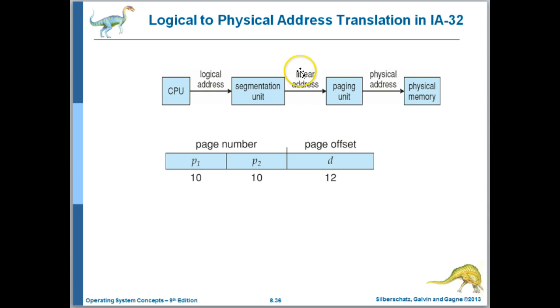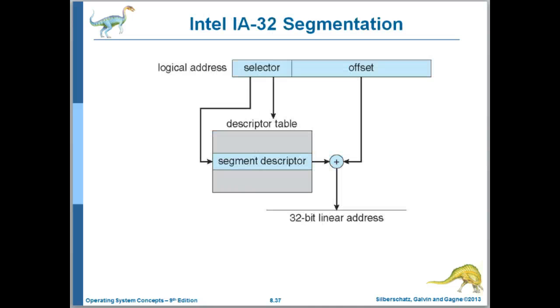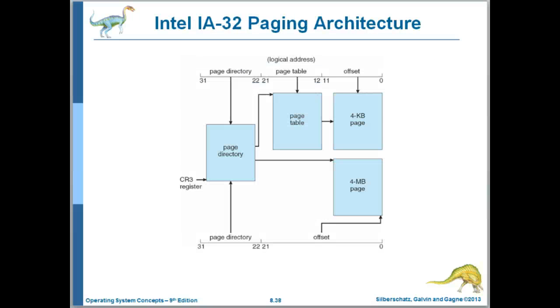The linear address coming from the segmentation unit is treated as a 2-level paged address, as shown here, and assuming a page size of 4K bytes. So here's how the segmentation unit does its work. Here's how the paging unit works.